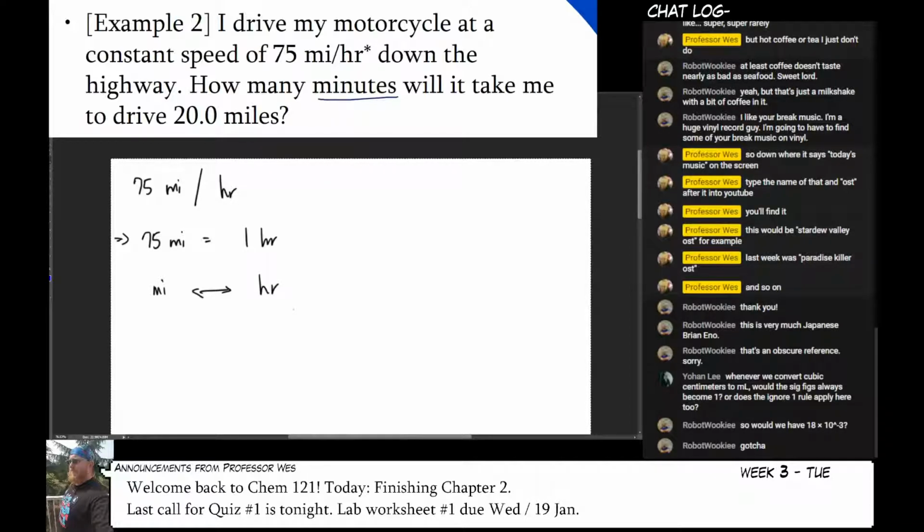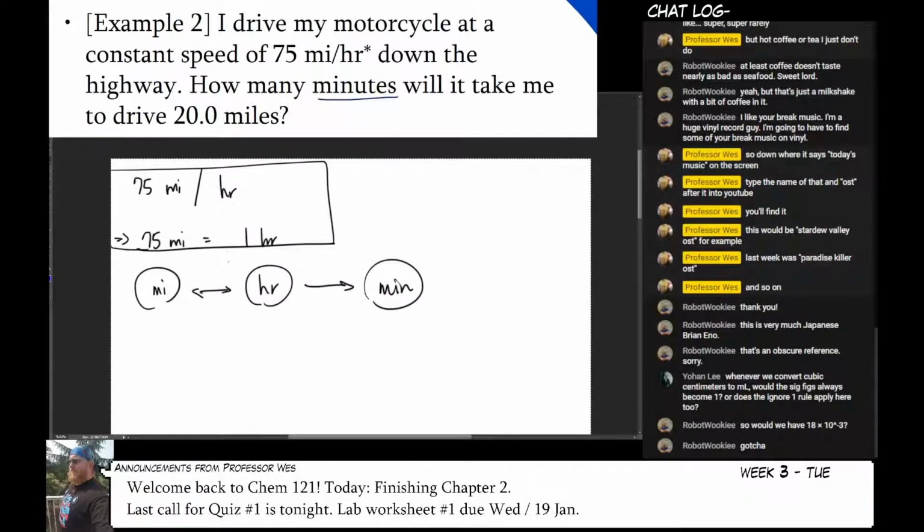Well, since I want to know how many minutes it'll take me, I could just turn however many hours that is into minutes, right? And now I have a unit map. I start with the number of miles I drove, I turn that into hours, I turn that into minutes. So when you're given a conversion like this, what you're being given is a relationship that you can use to convert.